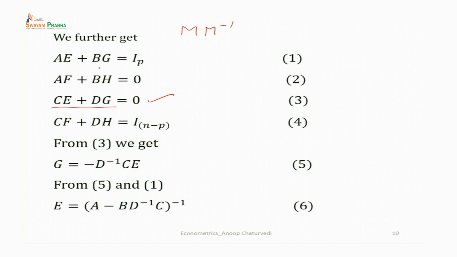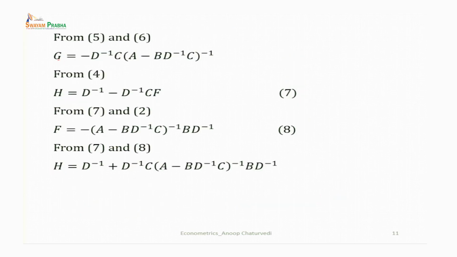So, we obtain A E, and then we substitute G equal to minus D inverse C E, and from here you can obtain the value of E. E is equal to (A minus B D inverse C) whole inverse, because this is equal to I p. So, you get the value of E from here, and if we substitute the value of E here, then we get the value of G. So, you get this value of G.